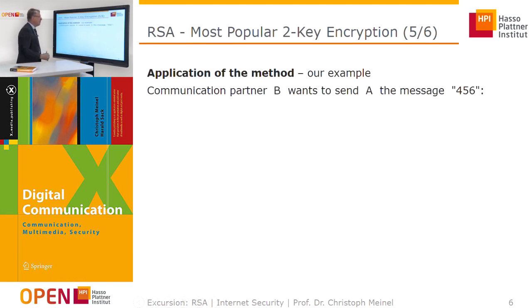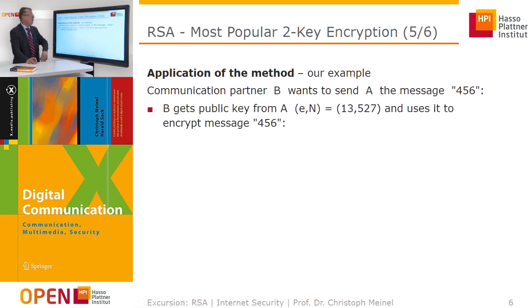Now we want to apply this method and show how we can use it sending a message. So we have our communication partner B, and B wants to send A the message 456. Remember, we encode messages as numbers, so I have taken a very small message, the number 456.